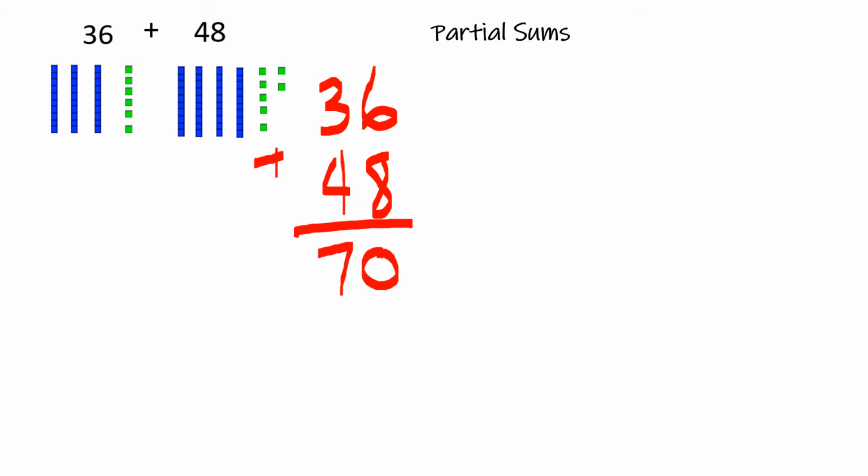So 30 plus 40 is 70. And I know that 6 ones plus 8 ones is 14 ones. So now when I add that, I can see that 14 ones is actually made from 1 ten and 4 ones. And if I add that together, I see that that makes 84 plants.